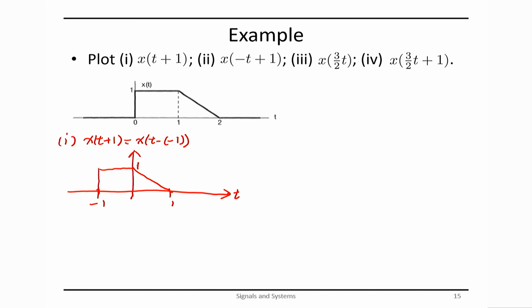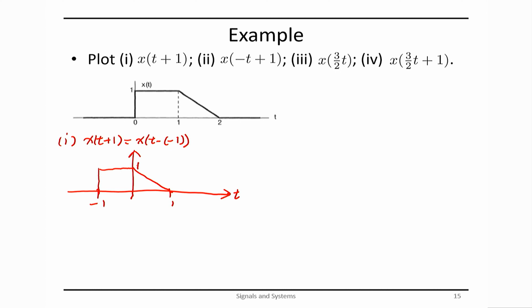The value x of 0 will occur when t is equal to minus 1. So this value that you see in the original signal should now occur at the point minus 1. So just by a simple double checking, we can see that this figure should be correct.